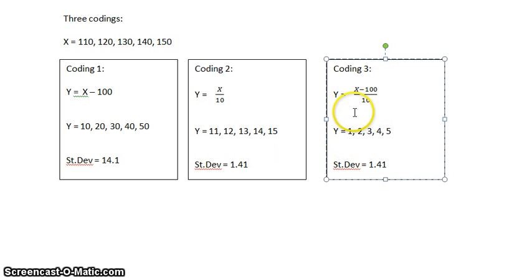And if we've combined the subtraction and the division, well, we've just divided by 10 for the standard deviation. So it seems that only the division has an impact on the standard deviation. Subtracting 100 has made no difference at all.